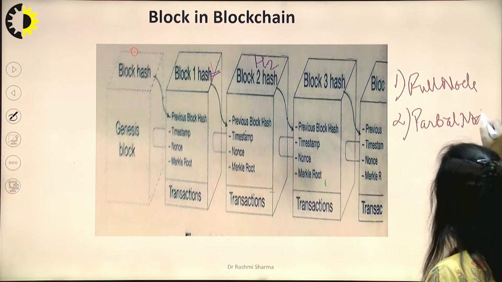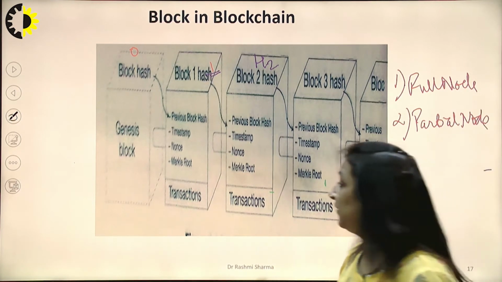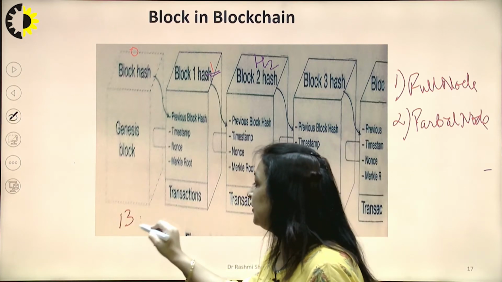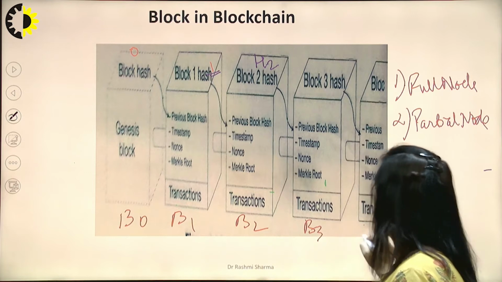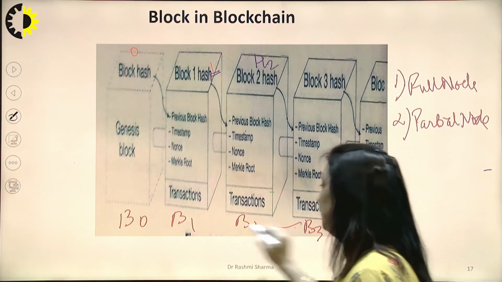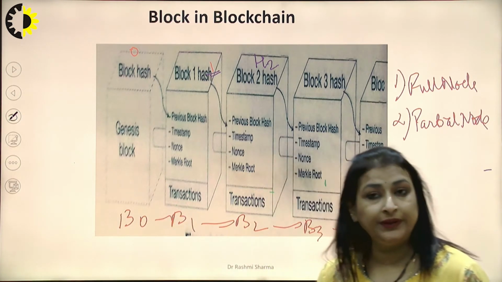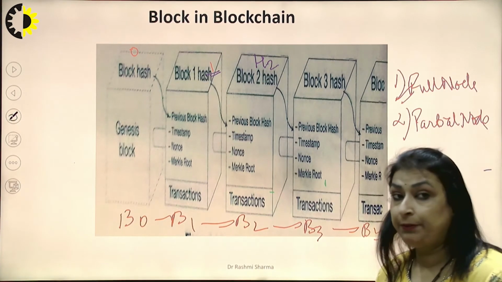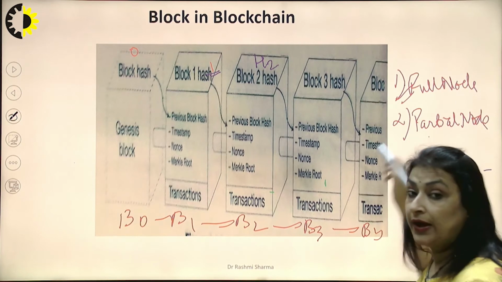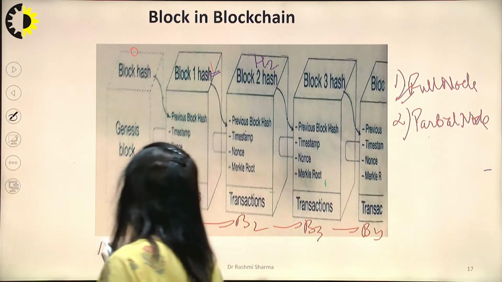So a full node will definitely have the B0 block, B1 block, B2 block, B3 block and B4 block. The whole blocks would be there in this particular full node. Nothing would be separated. But in the partial node, I would have a B0 header.